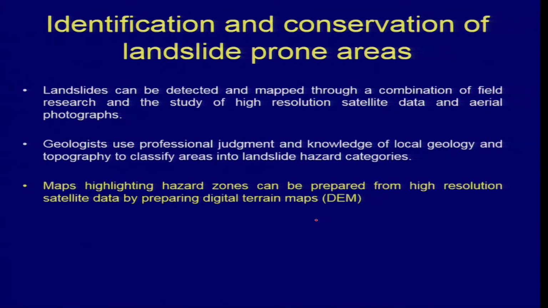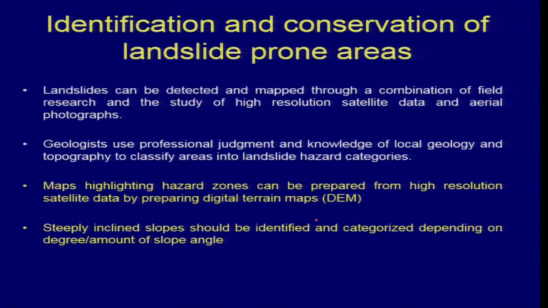Maps highlighting hazard zones can be prepared from high resolution satellite data by preparing digital terrain models, or digital terrain maps. This can help, and as I told you, one can also use the GPS to monitor the landslip. Steeply inclined slopes should be identified and categorized depending on the degree and amount of slope angles.